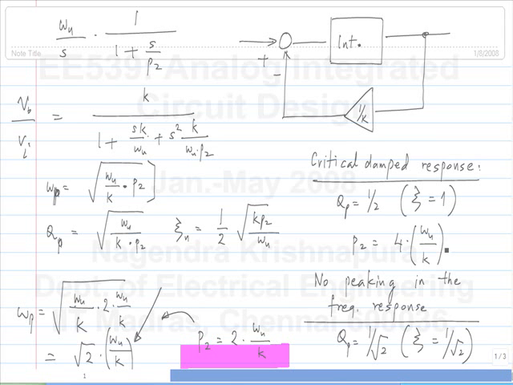On the real axis, both poles are identical and on the real axis. What is the value of the poles? When it's critically damped, there are two poles which are on top of each other. What's the value of the pole? It's square root of P2 times omega u by k. So it is 2 times omega u by k.